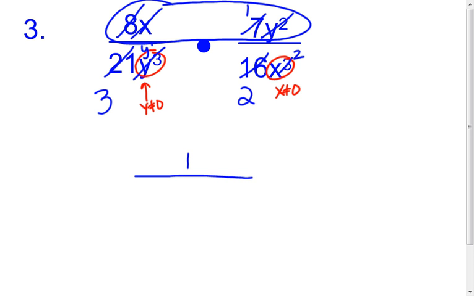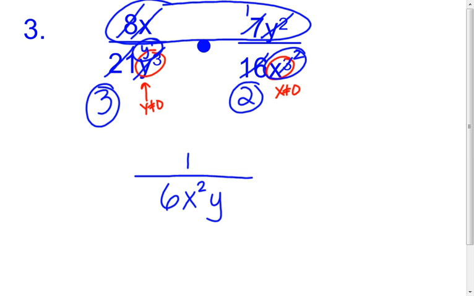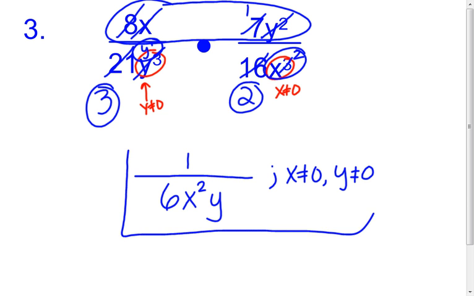And on the bottom, what you have left is this 3, this y, this 2, and this x squared. So on the bottom, 3 times 2 makes 6, and then you have x squared, and you have a y. And we already know that x can't be 0. We already talked about that, and that y can't be 0. And that's how that goes.